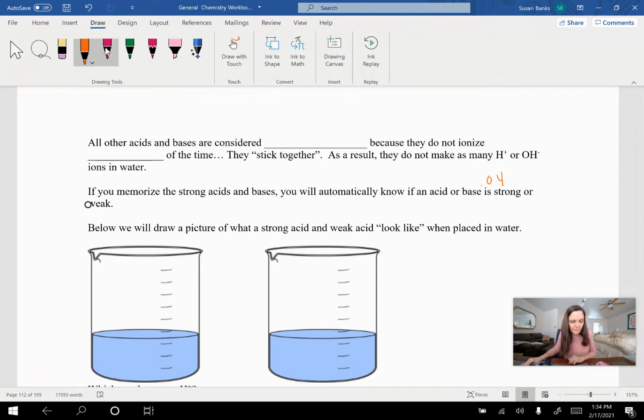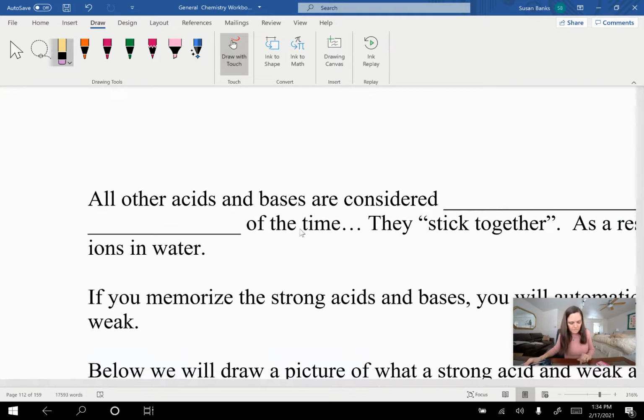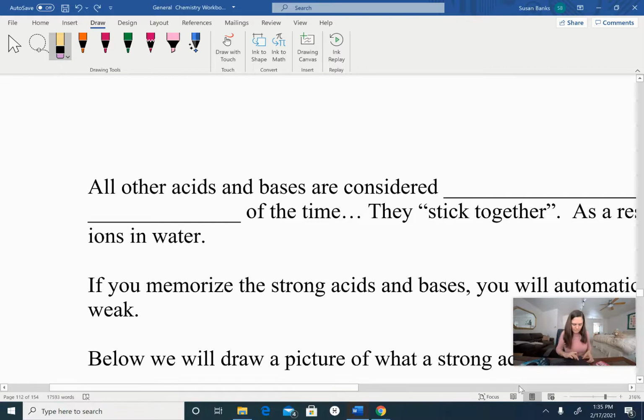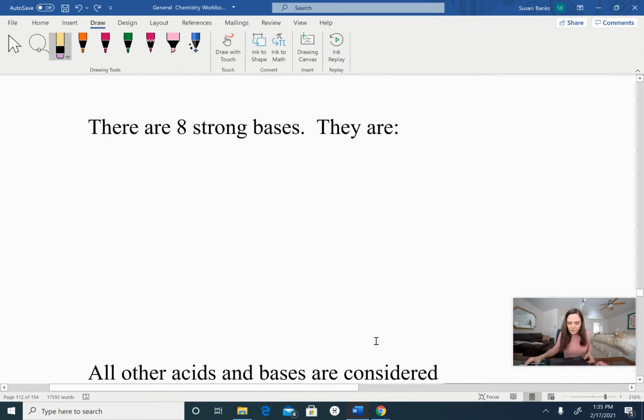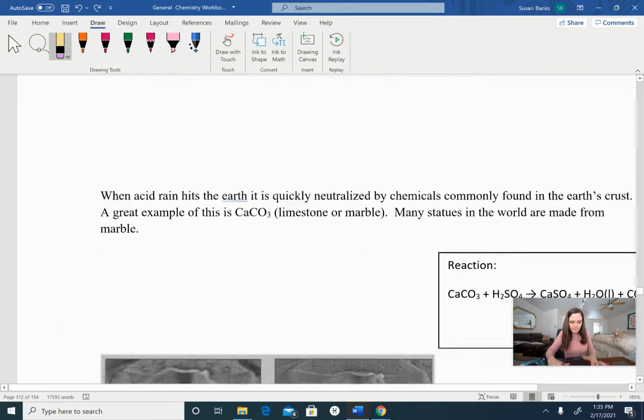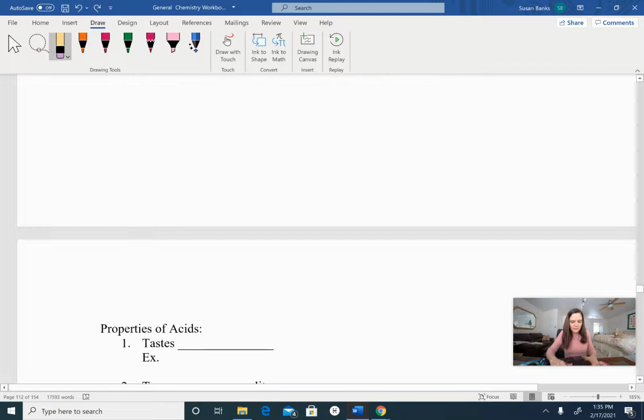And yep, that just jumped on me again. Okay, let's head on back because we are not in acids yet.